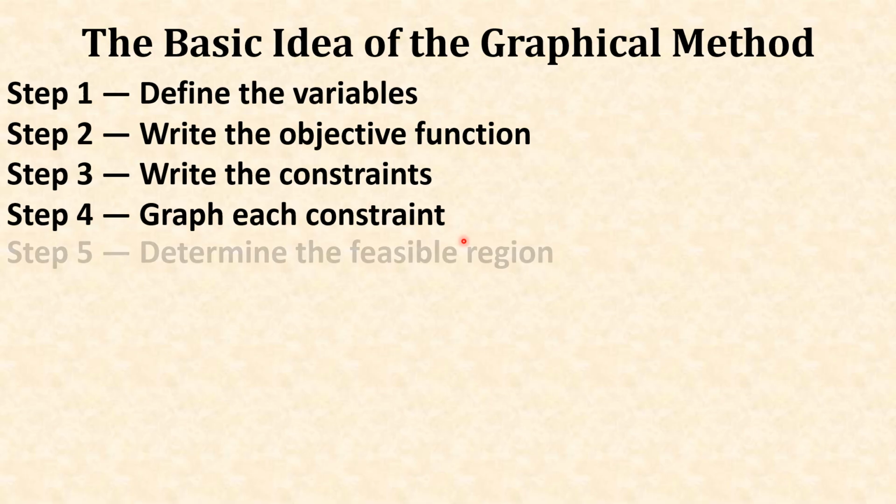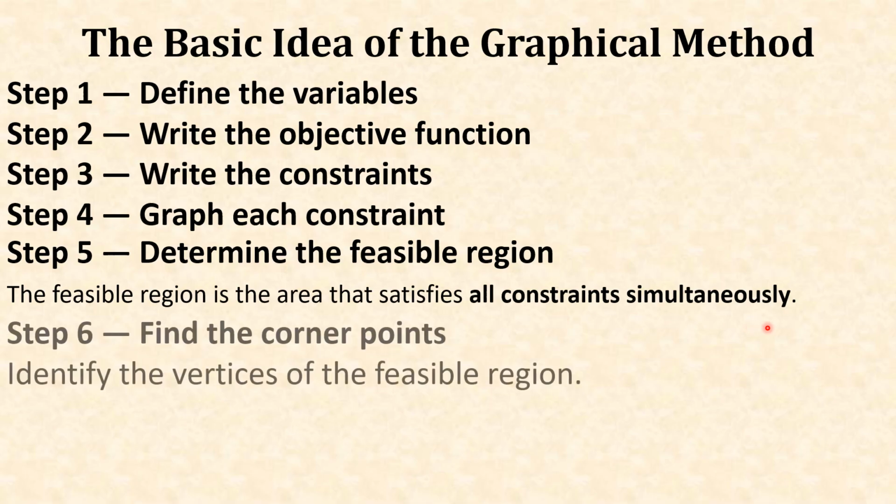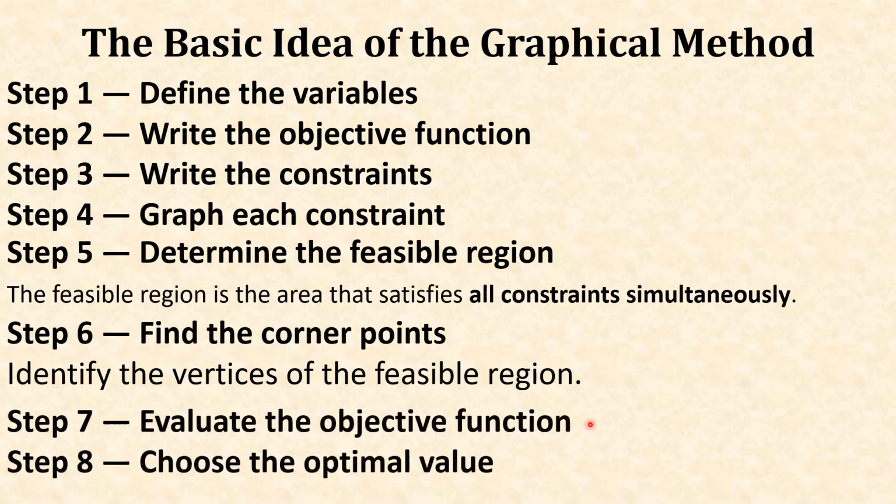Then we have step 5, determine the feasible region. The feasible region is the area that satisfies all constraints simultaneously. The next step is to find the corner points. We need to identify the vertices of the feasible region.